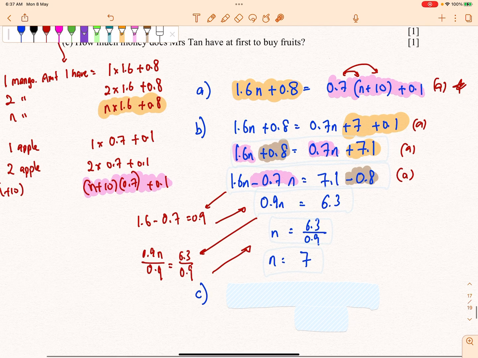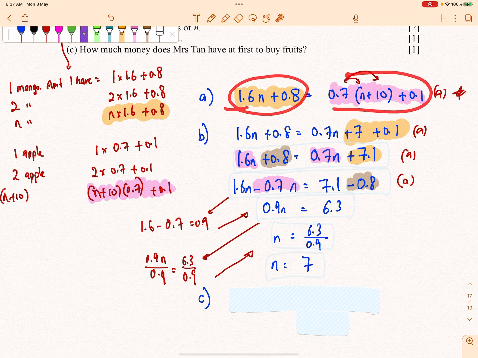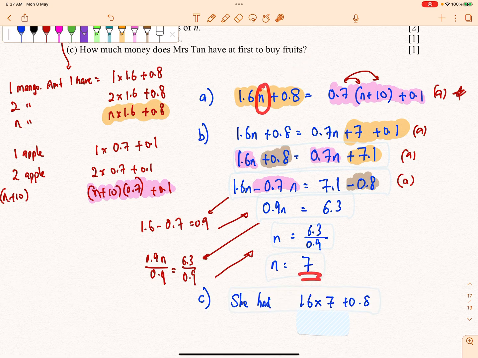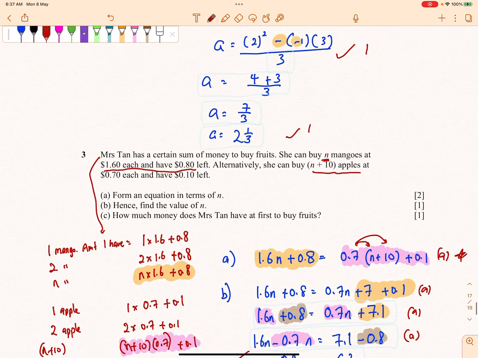Now for question part C, you want to know that the amount of money I have is either the orange one, which is here, or the pink one. The orange one looks simpler, so I'll put n equals 7 into it. I take 1.6 times 7, plus 0.8, and my answer would be 12 after keying into the calculator.